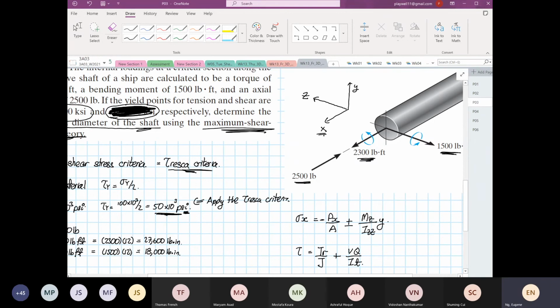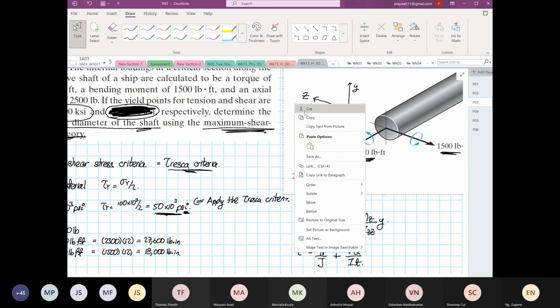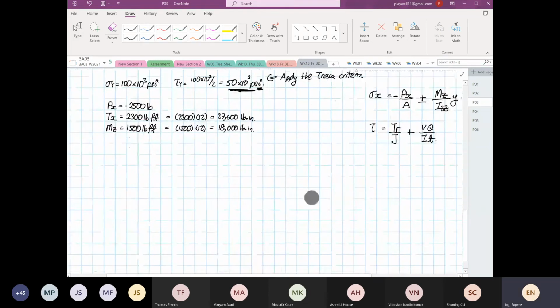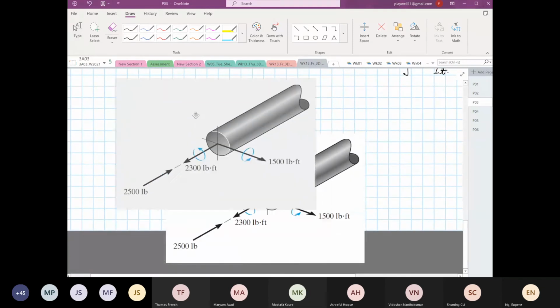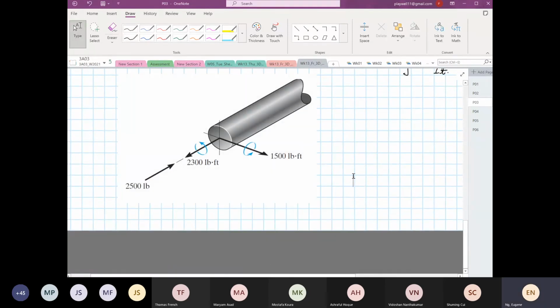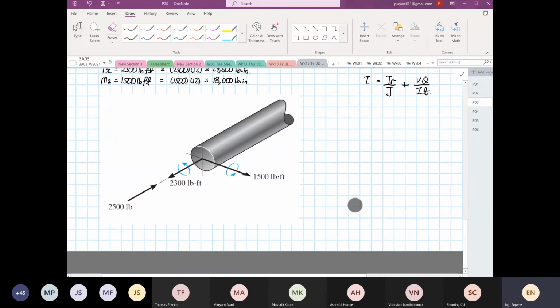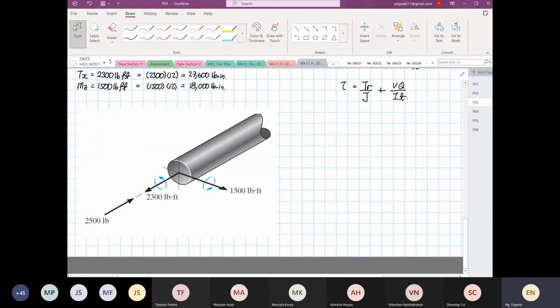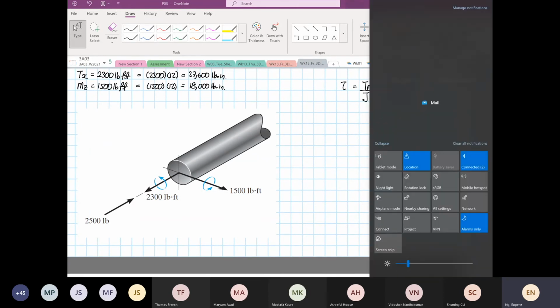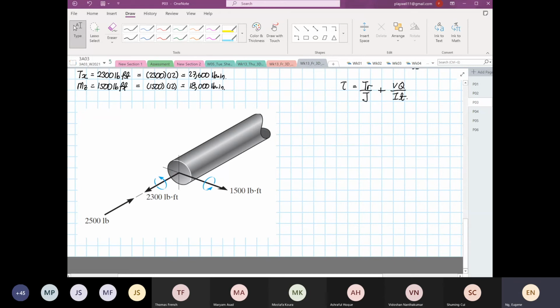Okay. So now I'm going to take this shaft and we're going to draw 4 elements. Some of you say, why 4 elements? So I'm going to construct 4 elements.